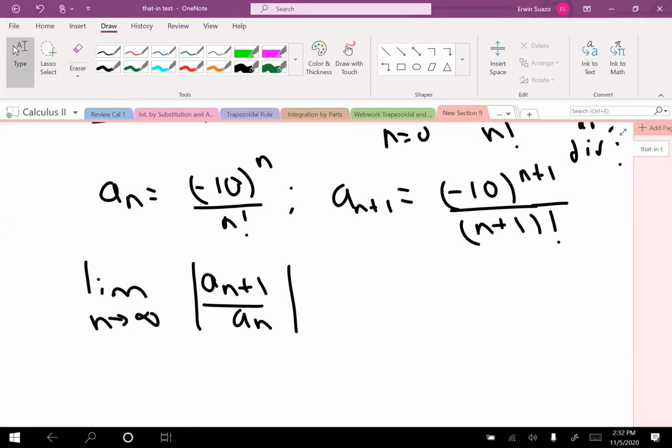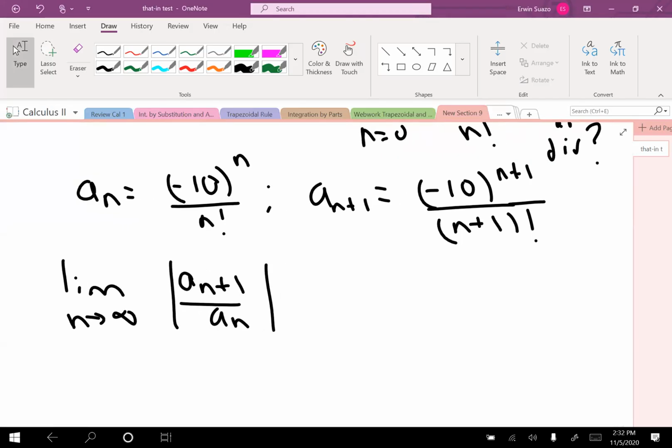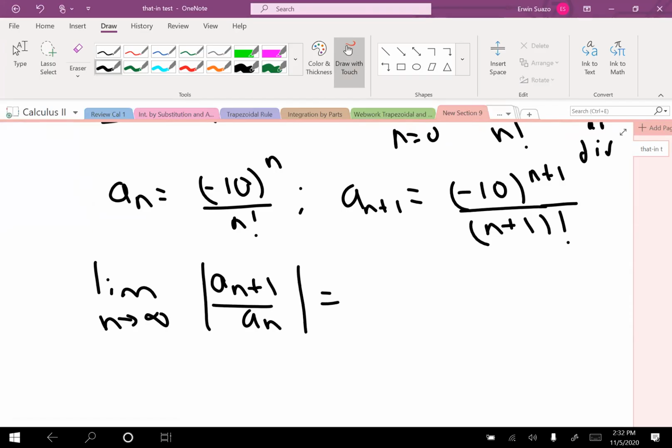Because you can write this like, let me put it like this: limit as n goes to infinity of a_(n+1).